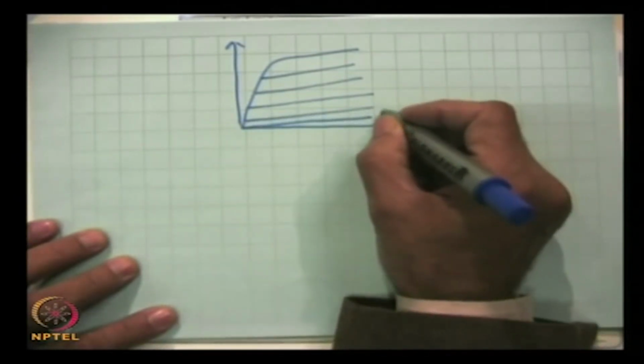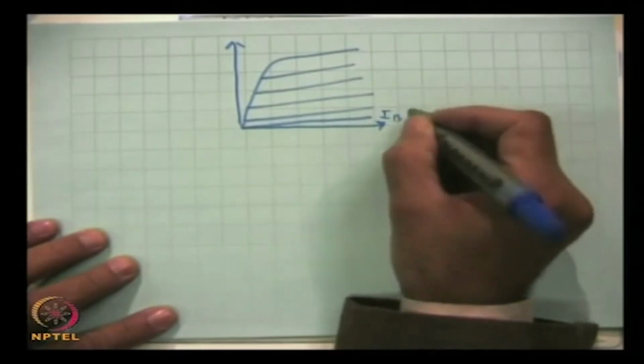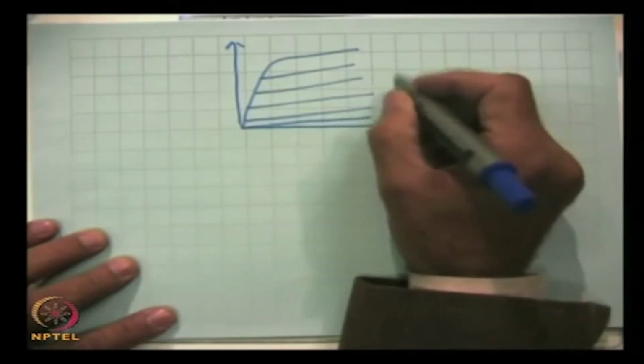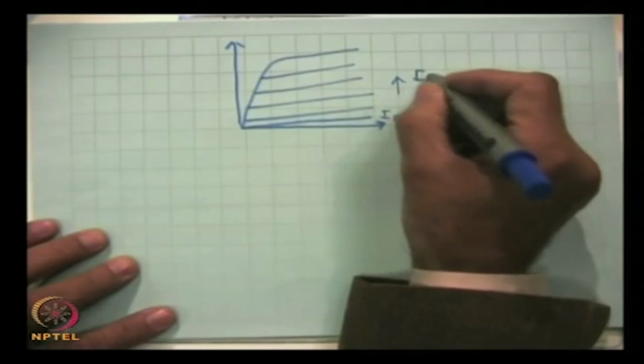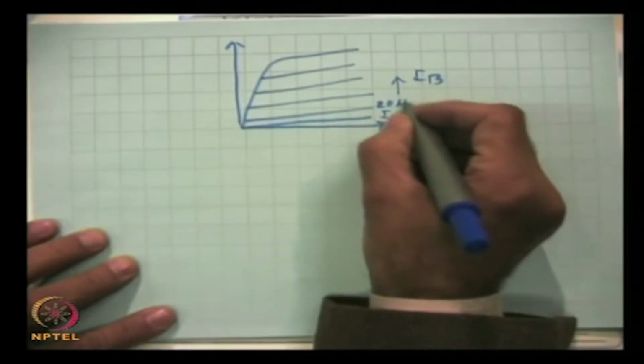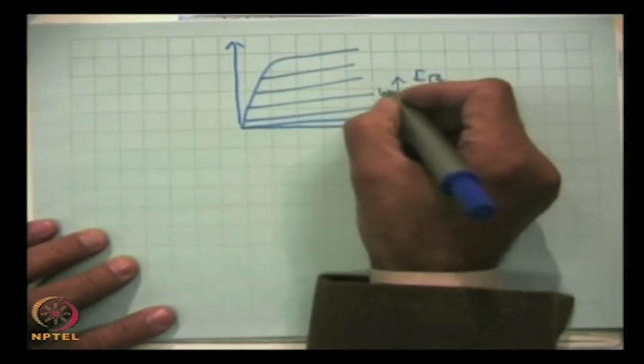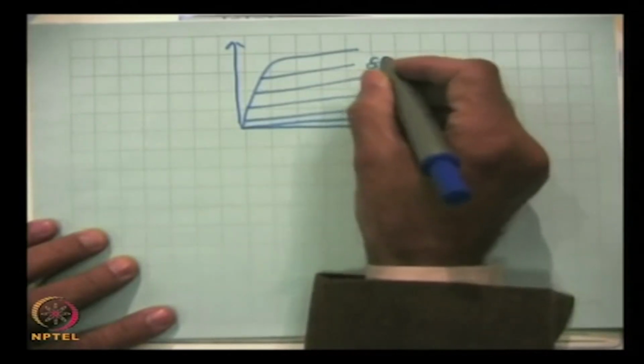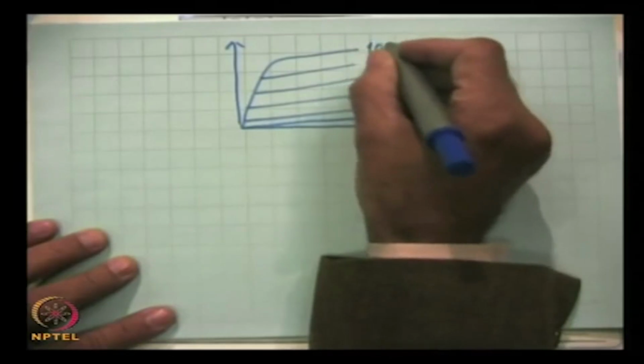This is IB equal to 0, IB is increasing this way, and for example, this is 20 microampere, 40, 60, 80 and 100.